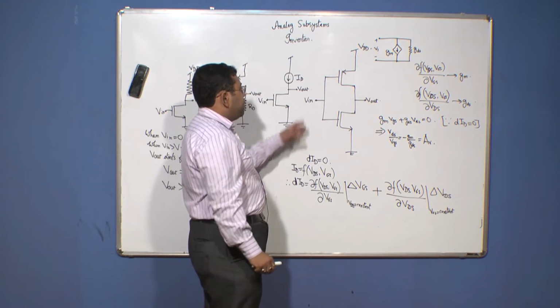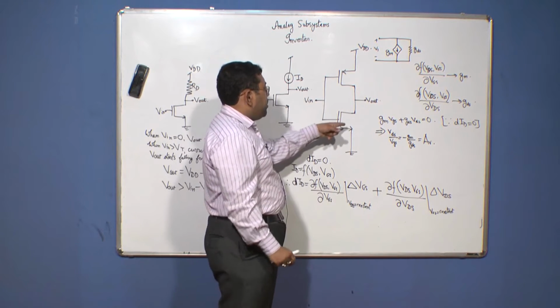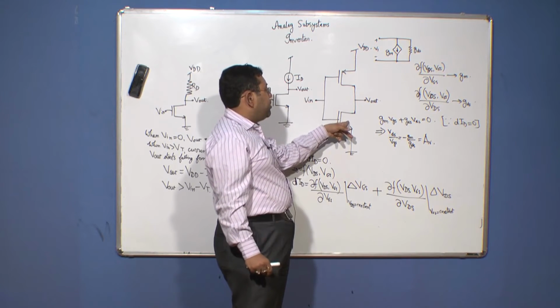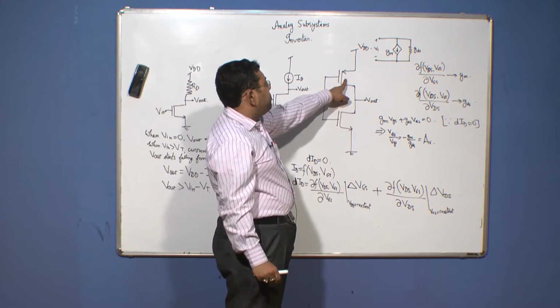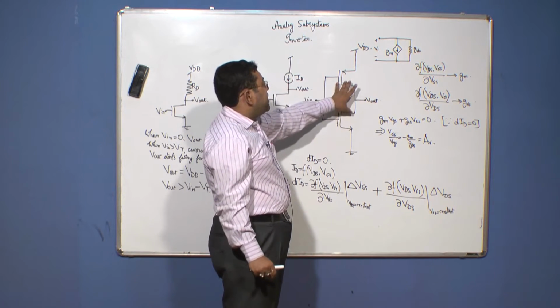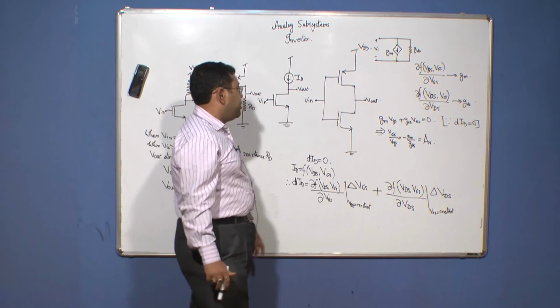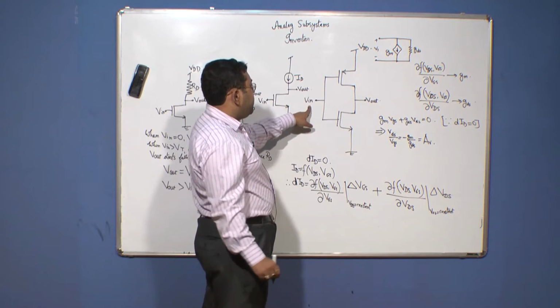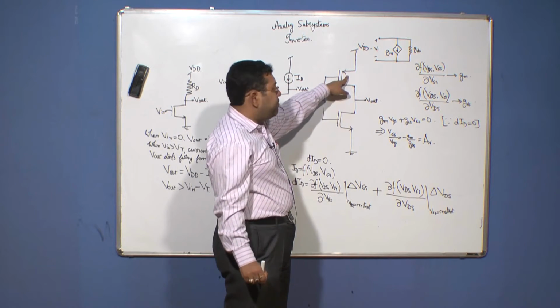Coming to the CMOS push-pull inverter, you can see that an NMOS pull-down transistor and a PMOS pull-up transistor are connected in cascade, and this configuration is called a push-pull configuration. So when Vin equal to 0, the NMOS transistor is operating in the cutoff region, and the PMOS transistor is operating in the active region.